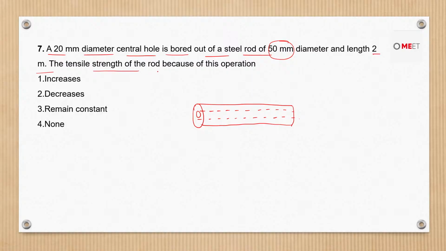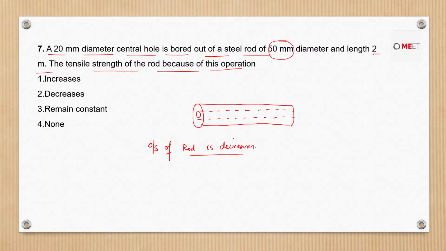What happens to the tensile strength of the rod due to this operation? Here the cross section of the rod is decreased.